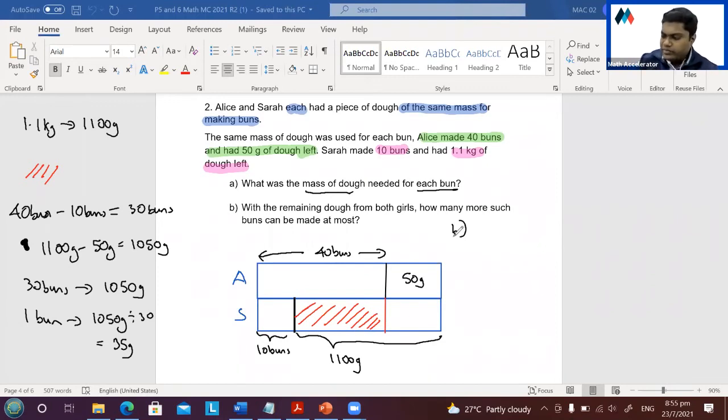Okay, so you look at part B. With the remaining dough from both girls, how many more such buns can be made at most? So can you underline at most?